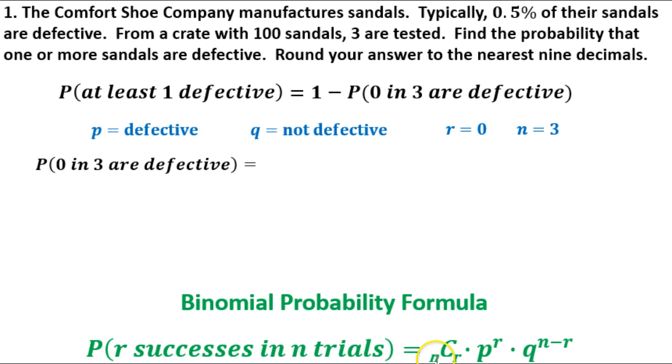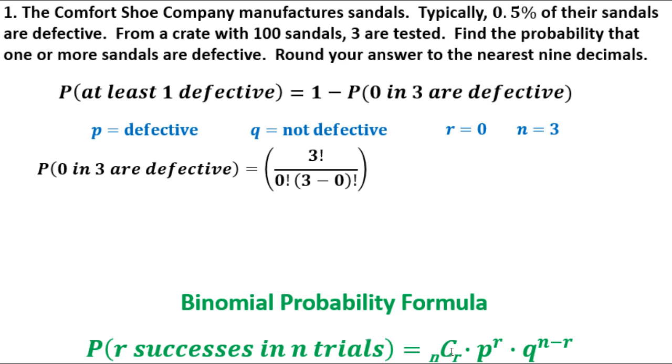First we have to do the combination, 3 choose 0. The reason why we're doing 3 choose 0 and not 100 is because we're only testing 3, and of those 3, we want 0 of them to be defective. So 3 choose 0 will work perfect for us.